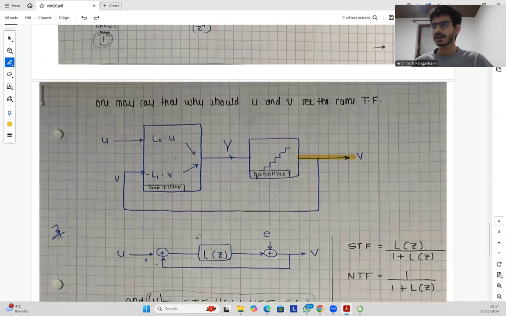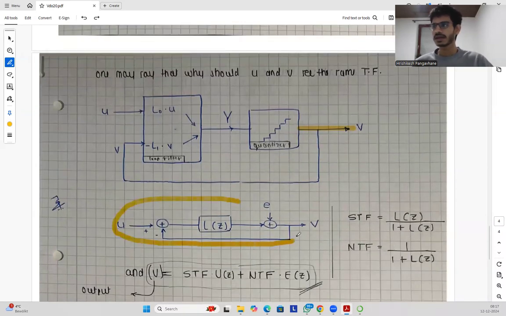When we represent it in a linearized model, the quantizer is represented by an additive noise source, given by E, and we have L of Z. This is the linearized model for the delta sigma modulator.